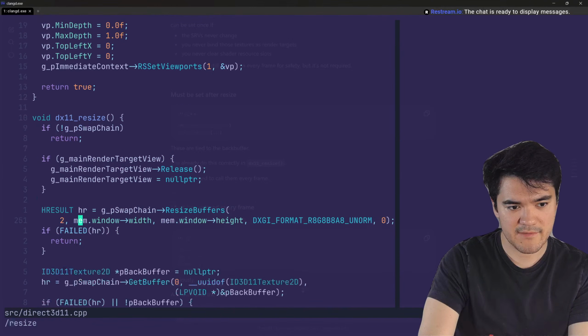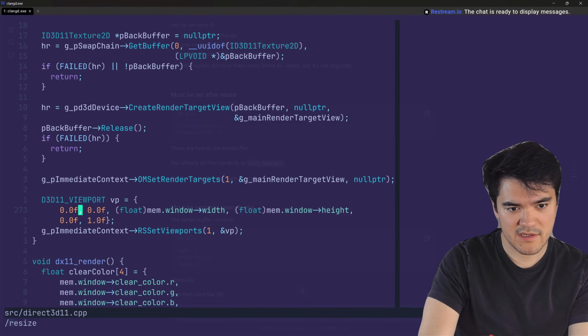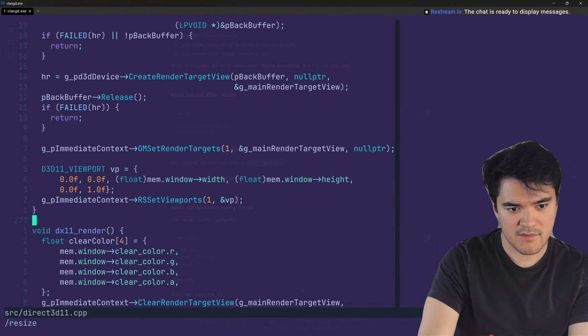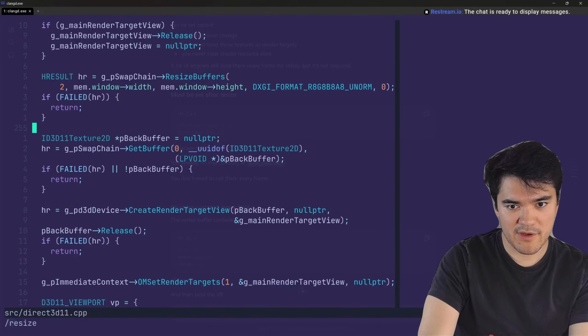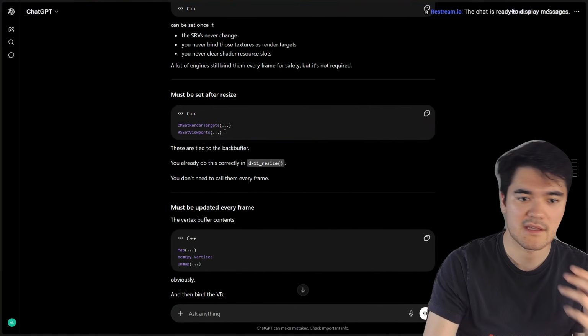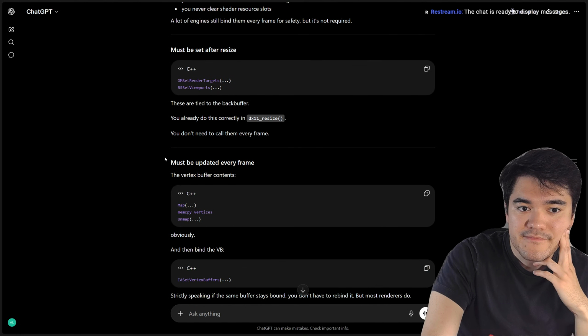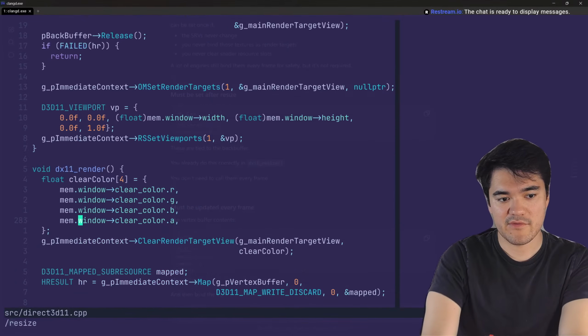Are we doing that? We are resizing the buffers, yes, and we are resetting the viewport. That makes sense, that needs to change because the buffer and the window size change. You already do this. You don't need to call them every frame.